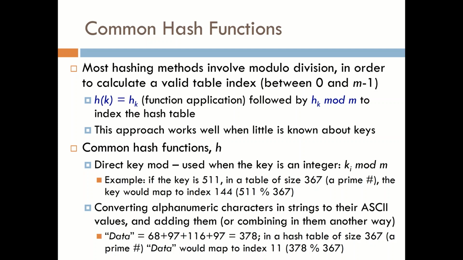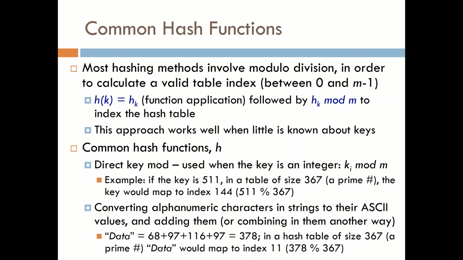If we have a hash table of our large prime number size 367, then our data key would map to index number 11, which is the 378 that I came up with, modded by the table size. So my hash function in this case takes individual ASCII characters and adds them together.